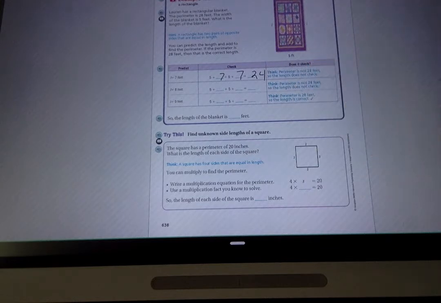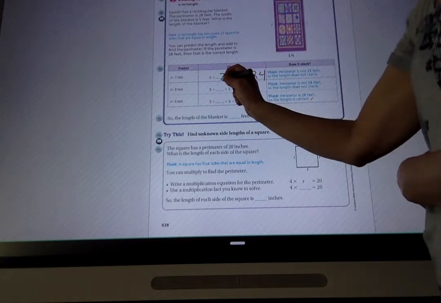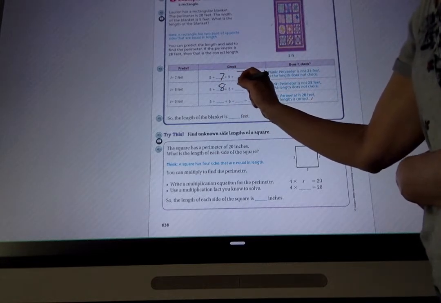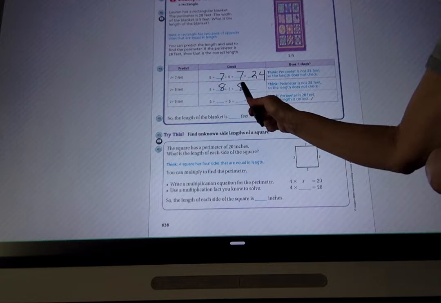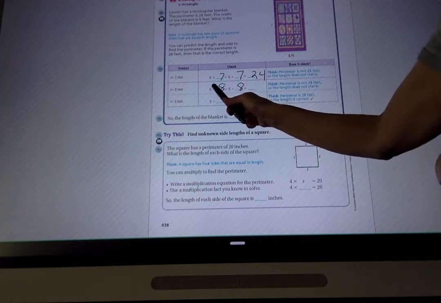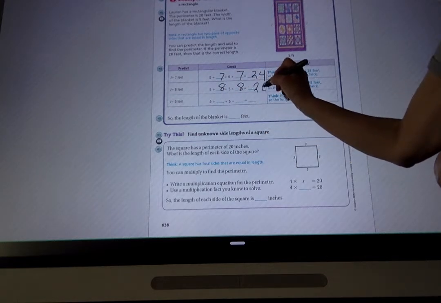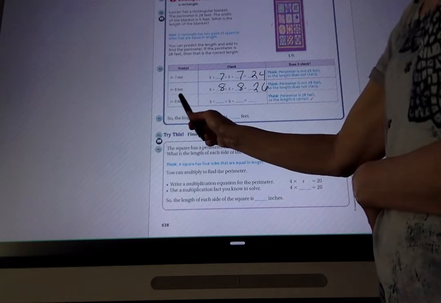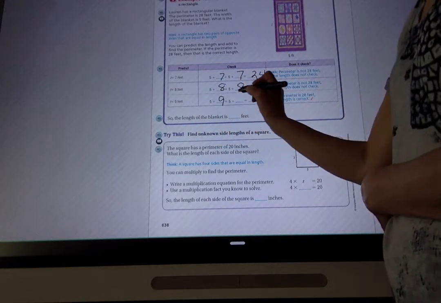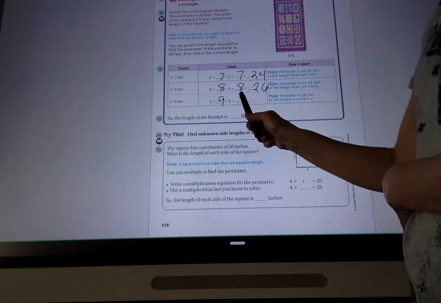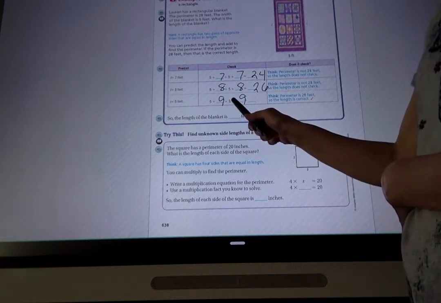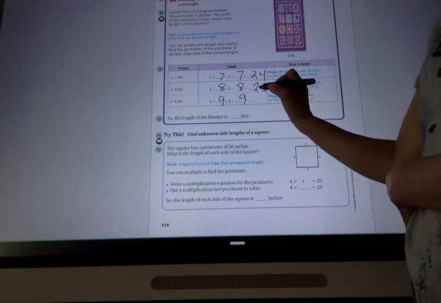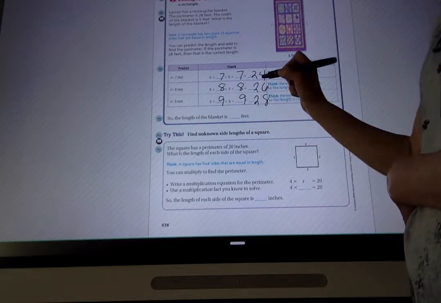So it can't be that. These are our predictions. 5 plus 8 plus 5 plus 8, let's see, 8 plus 8 is 16, and 10 more is 26. No? How about 9 feet? 9 plus 9 is 18, and the 2 5s make 10. 18 and 10 is 28.